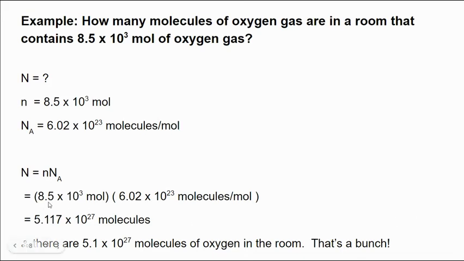So if I look here, 8.5, that's 2 sig digs. And here I've got a constant, so I'm not going to actually consider that in my final calculation. So overall, I've converted from an amount in moles, just tried to identify how many actual molecules or particles that is. And that's a bunch, apparently.